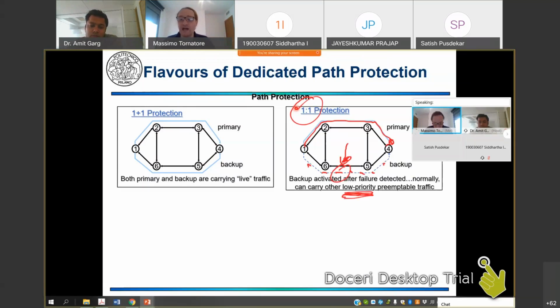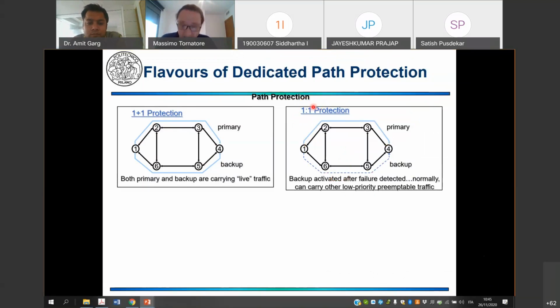But it requires a higher protection switching time. What I'm trying to say here is that protection techniques can be implemented in different ways, with different trade-offs between protection switching time and capacity utilization. And this example of dedicated path protection is quite exemplificative.